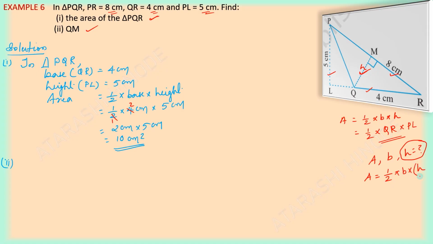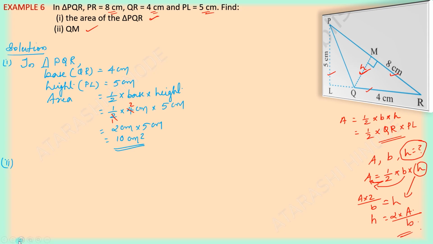If we want to find height, then height will be equal to area into 2 divided by base. That is height equal to 2 into area divided by base.